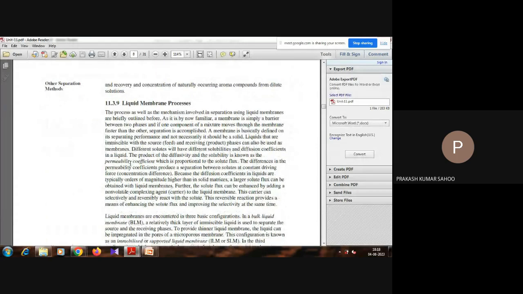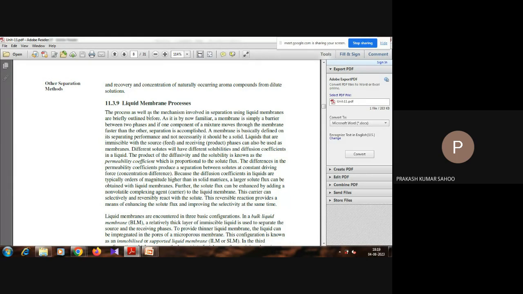Then the liquid membrane process is there, where liquids get separated through a membrane known as a liquid membrane. The mechanism involved in separation using a liquid membrane is simply a barrier between two phases, and if one component of the mixture moves through the membrane faster than the other, separation is accomplished.